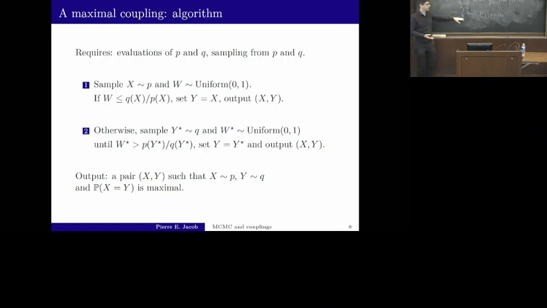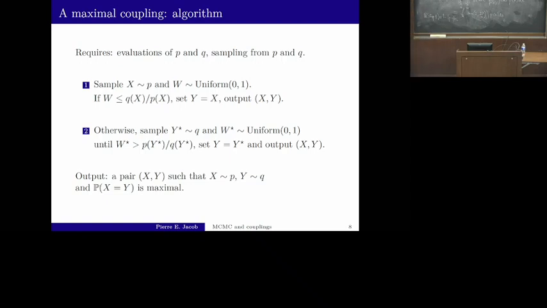So we have an integral over the entire set of the pointwise minimum between P and Q. That was one of the representations of 1 minus the TV, I think. Right? So from here, we know that the probability of step 1, which is the probability that X is equal to Y in the output, is exactly 1 minus the TV between P and Q.